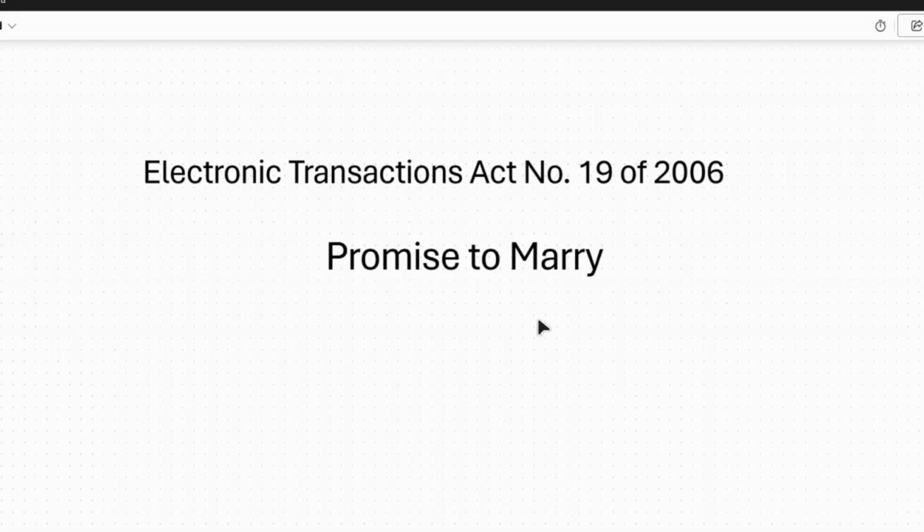Because the Electronic Transaction Act recognizes electronic writing and electronic signatures, an electronic promise may satisfy the writing requirement depending on whether the legal requirements are met. This issue depends on the specific facts and how the law is applied.